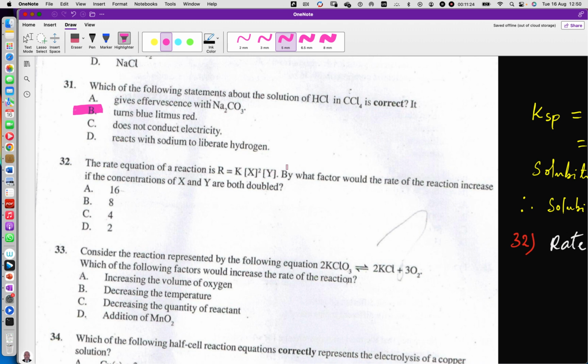They are asking by what factor the rate of the reaction would increase if the concentrations of X and Y are both doubled. We need to calculate this.